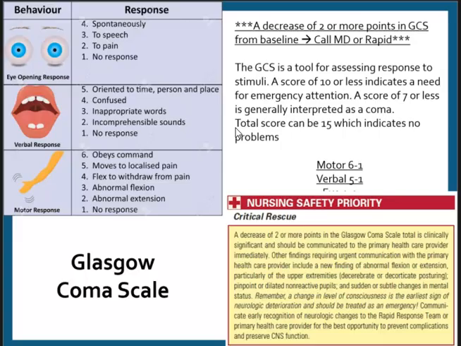So your pupils are either fixed and they're teeny tiny, or they're fixed and they're super dilated. Sudden, subtle changes in mental status. So maybe they're becoming more lethargic.